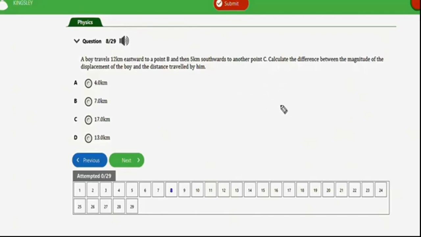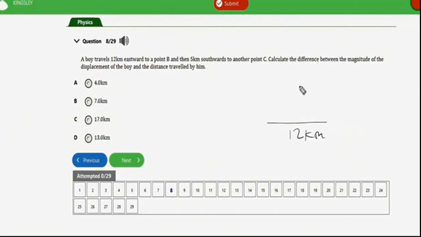So let's represent the movements of the boy here now. Initially the boy travels 12 kilometers eastward, and then 5 kilometers southward.